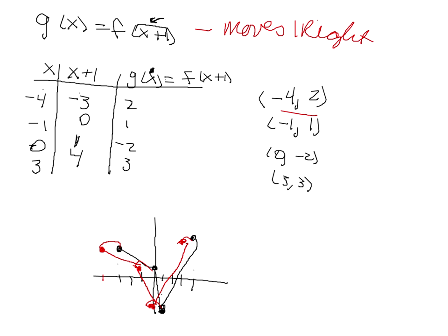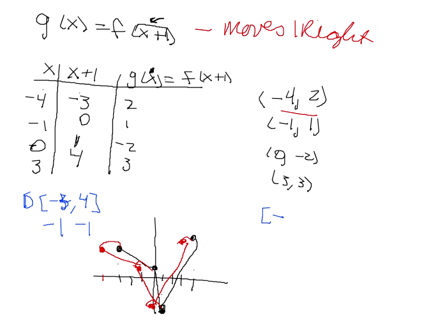So my original domain for f of x was -3 to 4. And I basically subtracted 1. So -3 minus 1 is -4. So I take my domain, subtract 1 from each endpoint.